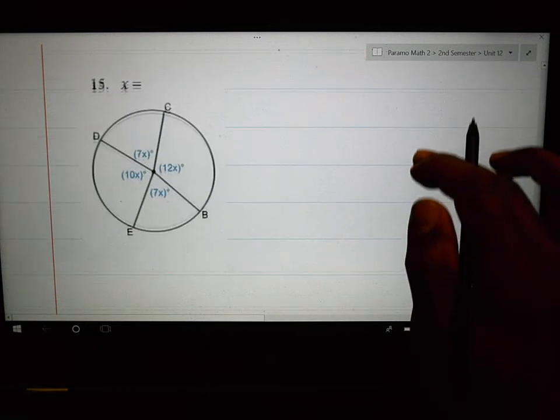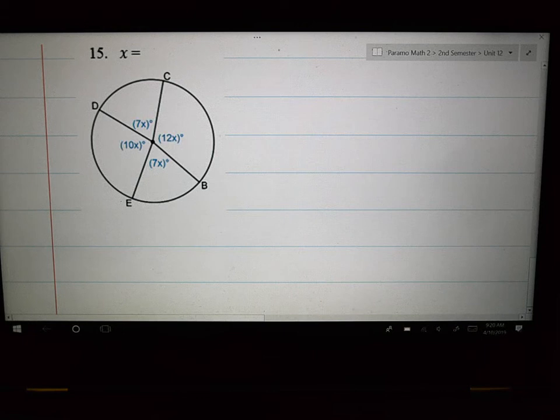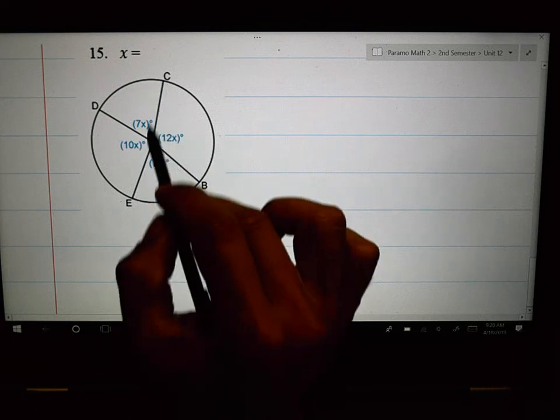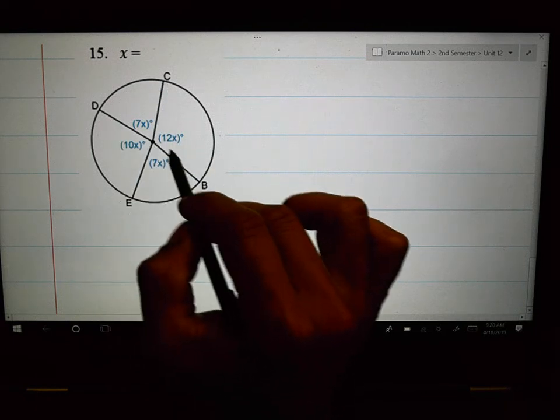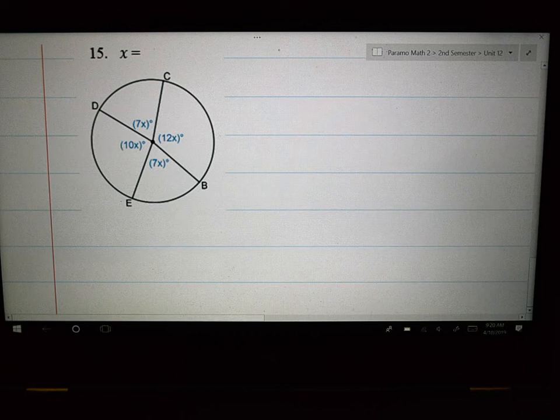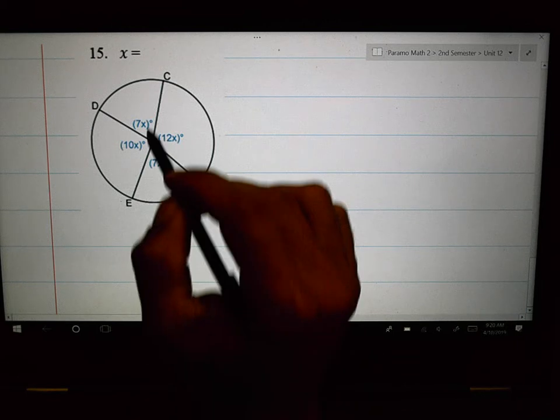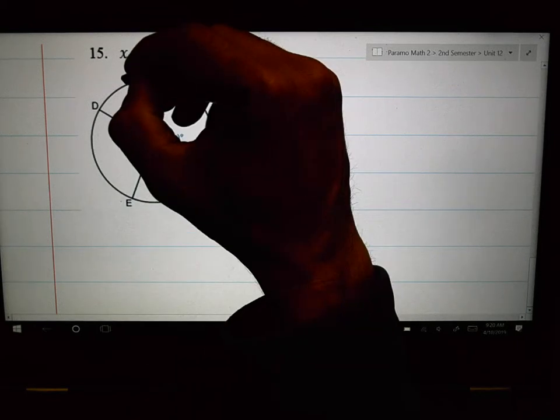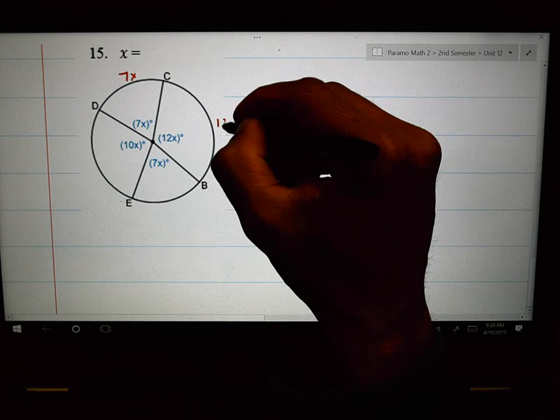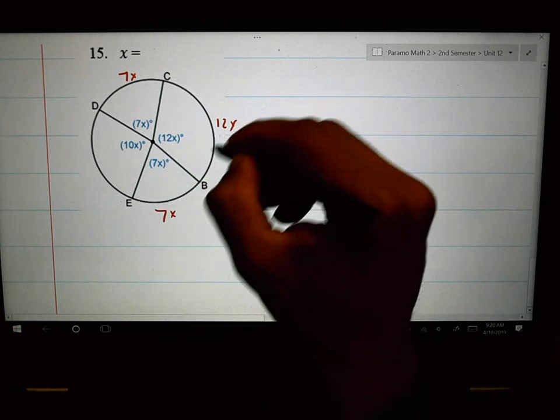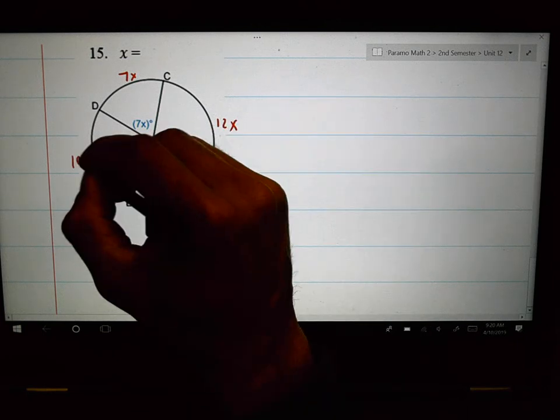Last example is number 15. They threw in what's x, and they gave you a 7x, a 7x, a 12x, and a 10x. And you look at all those central angles, because their vertices are at the center of the circle, where that dot is. So if I think about it, this is 7x, and this is 12x, and this is 7x for the arc, because they're equal to each other.